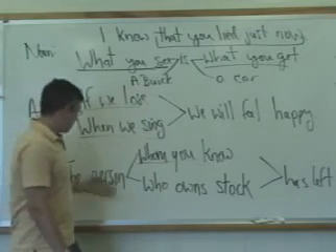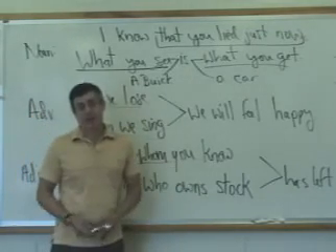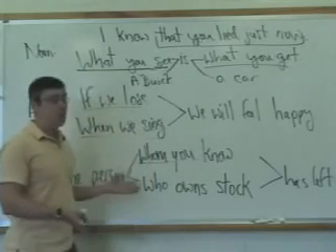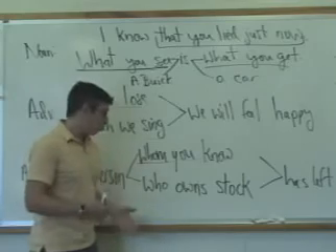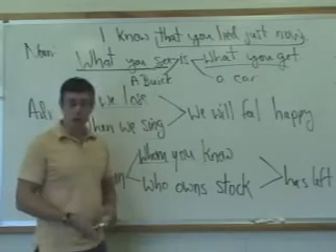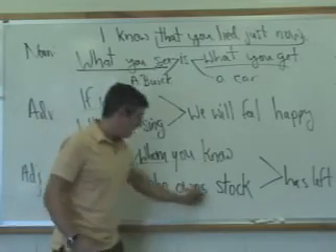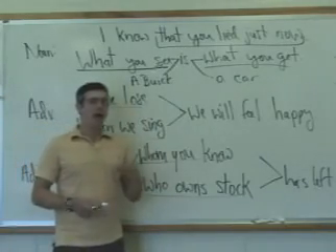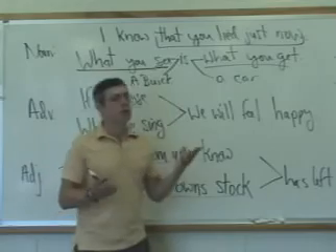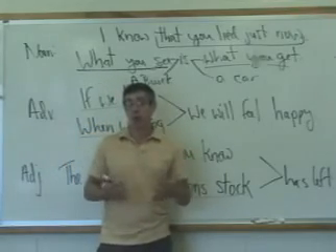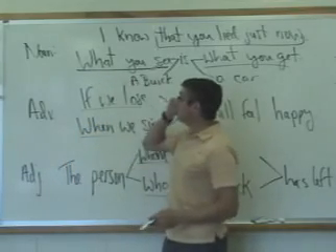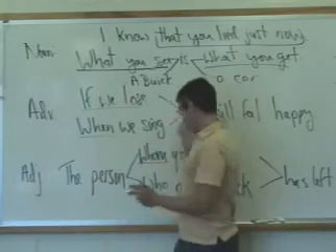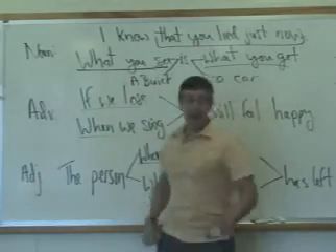And the person who owns stock has left. Again, it's just exactly the same. Which person? The person who owns stock. That's which person, and that means it's functioning as an adjective, again modifying person. Now, there are lots of words that can start off subordinate clauses, and we've just gotten a little taste of them: what, if, when, whom, who, that.